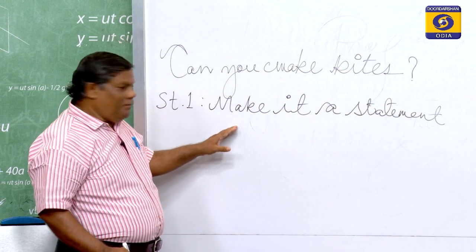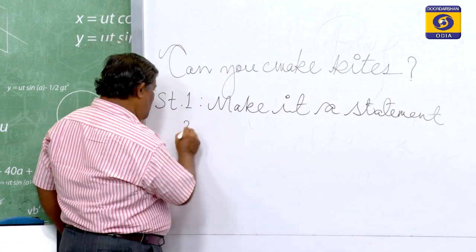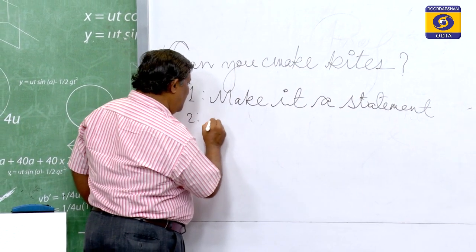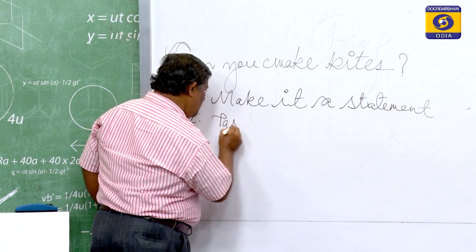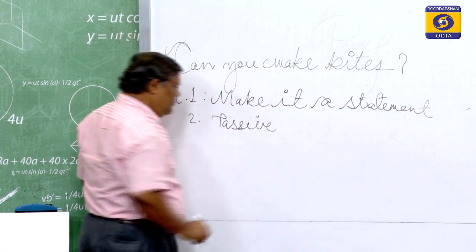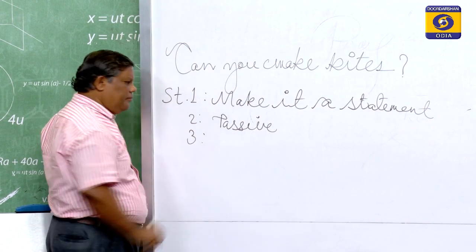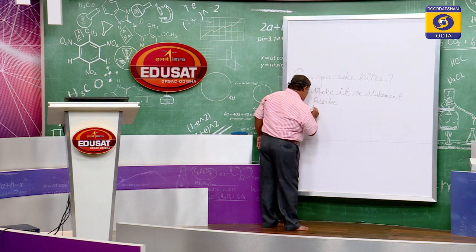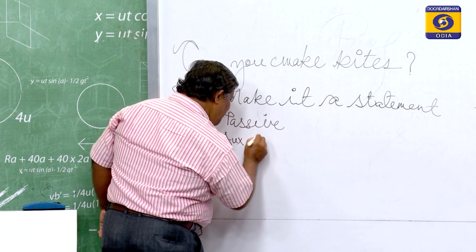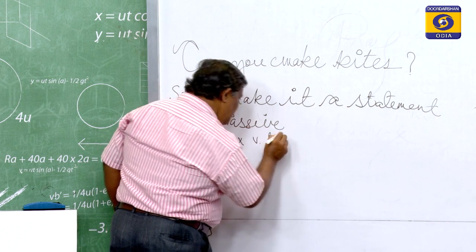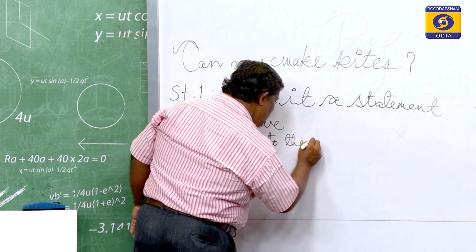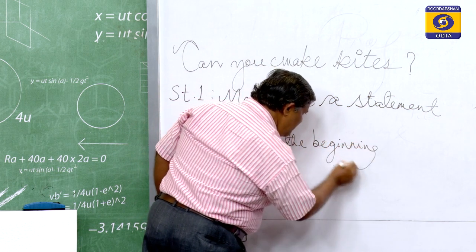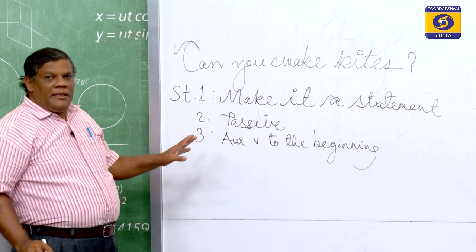Stage 2, make it passive. Stage 3, bring the auxiliary verb to the beginning of the sentence. This becomes the passive form.